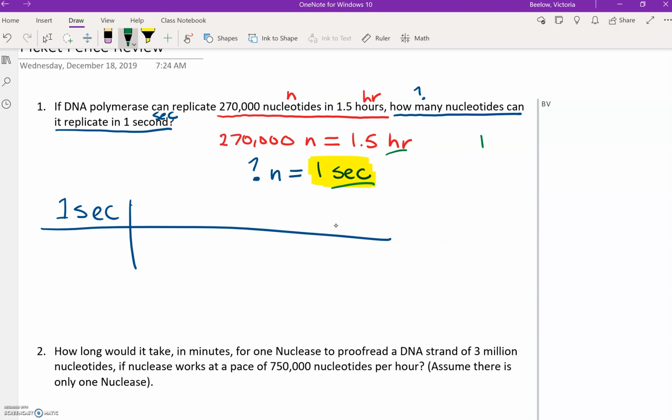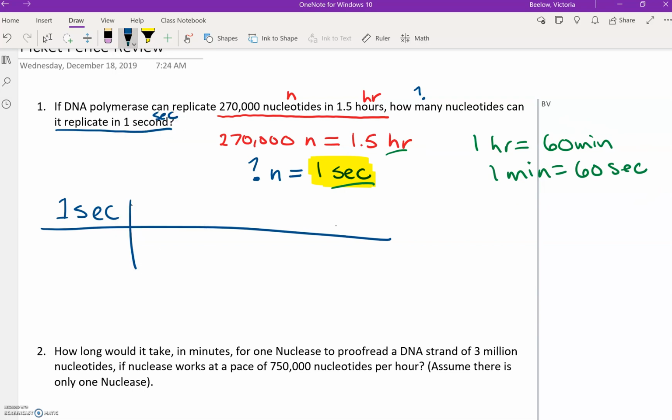Well, I know that 1 hour equals 60 minutes, and 1 minute equals 60 seconds. This is something that you just know. So this is how we're going to convert between hours and seconds. If you're doing a problem and you see time in the problem, then you're probably going to have to figure out what other unit conversion factors you need.